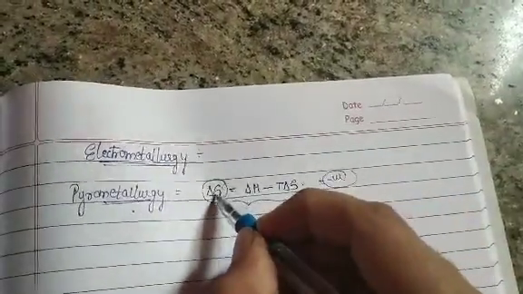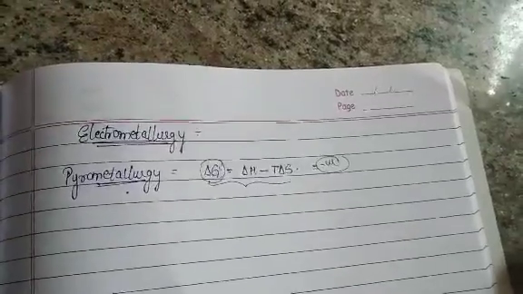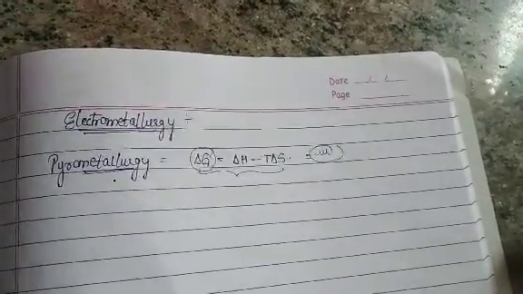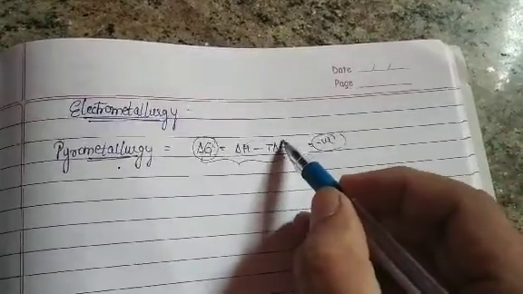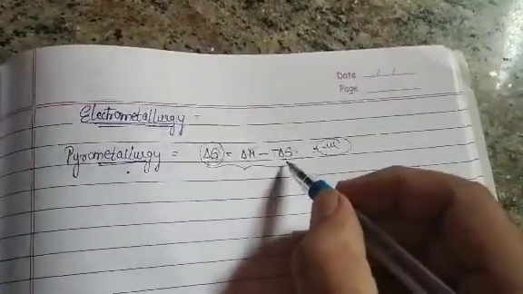But coming to the case of electrometallurgy, of course, we are going to choose the delta G value itself. But we know that in electrometallurgy, neither are we going to supply heat, nor is the state going to change in a very enormous way.